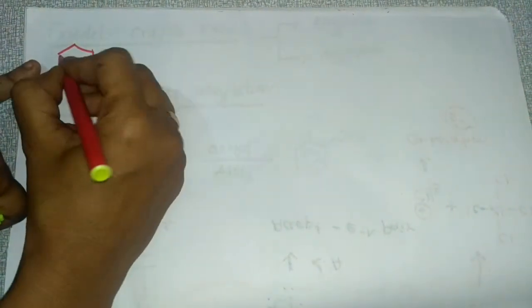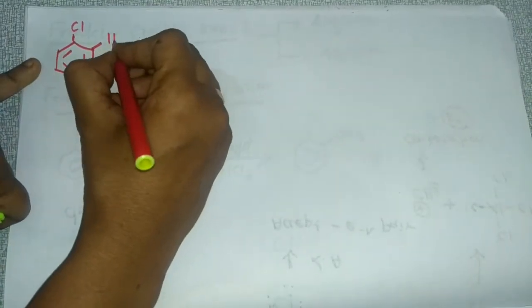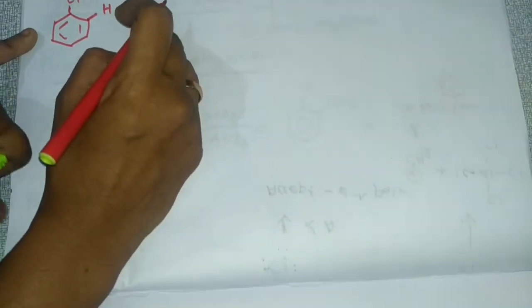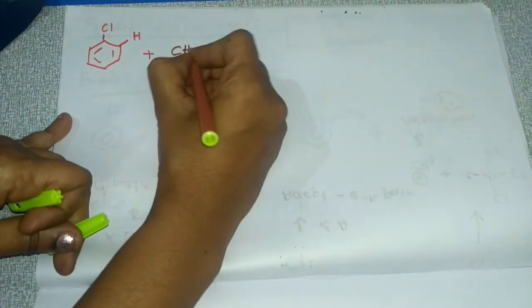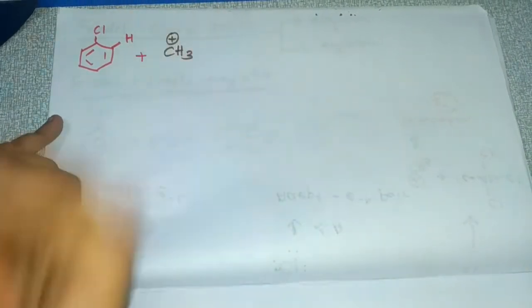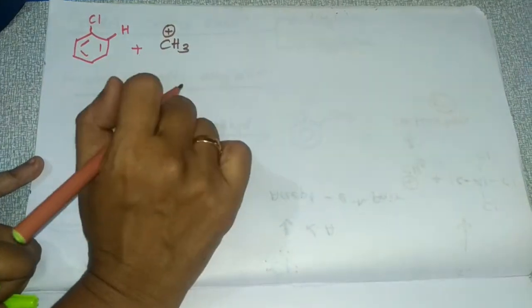So I'll write the formed carbocation here. Now I'm going to take the chlorobenzene, with the hydrogen present in the benzene ring, which I have written here. To this chlorobenzene we are going to add the formed carbocation, which acts as the electrophile. So here, what happens?